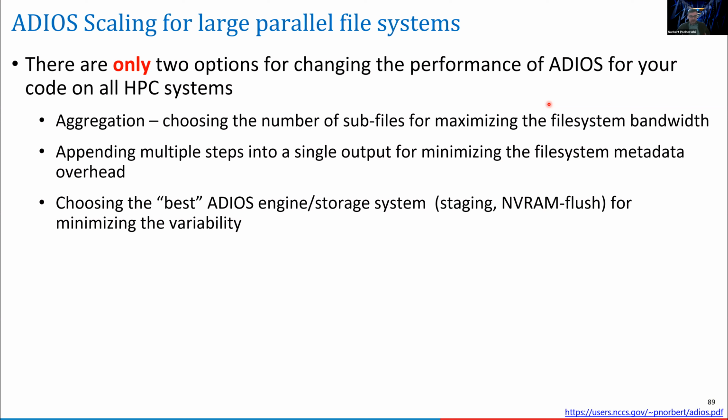One is the aggregation. ADIOS saves the data in multiple files. For reading, it presents them as one data set, so you don't need to deal with multiple files. They are in a subdirectory, and you can read whatever you want, no matter how many files we are using.